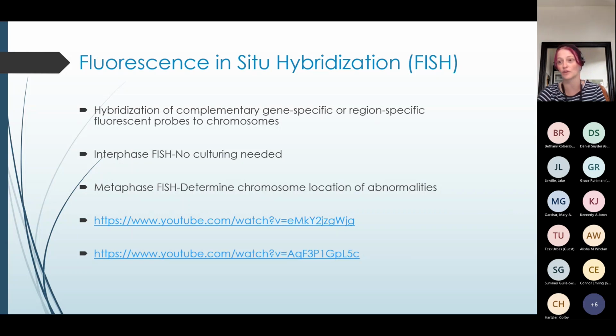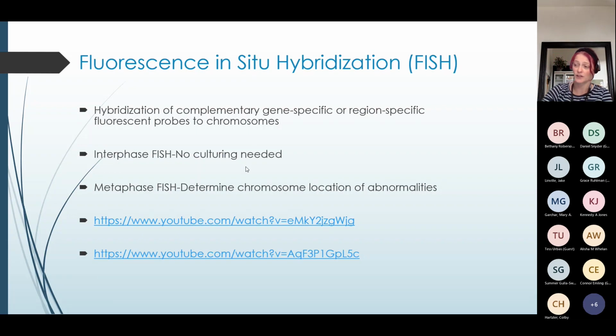Based on the kid's symptoms or disability, you might have a gut feeling that a specific gene is missing, right? You can find a probe and then use FISH to target that gene and see, hey, do you have 2 copies of it and are they on the right chromosomes?